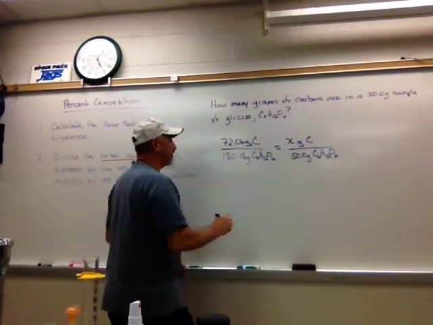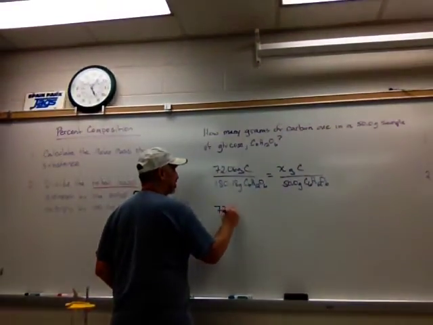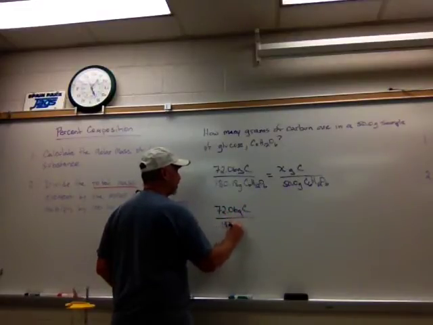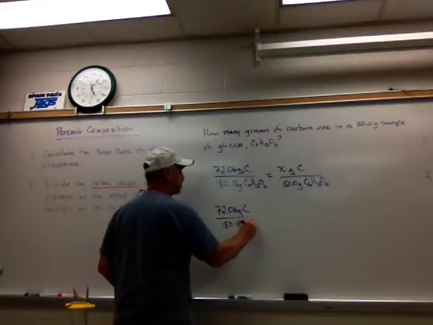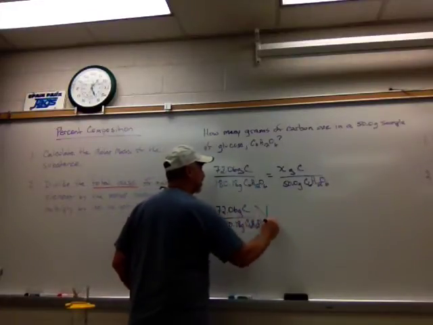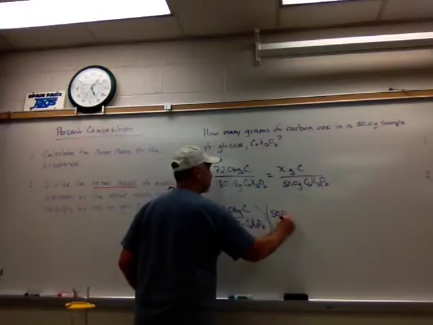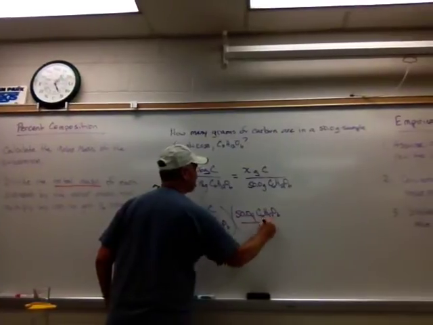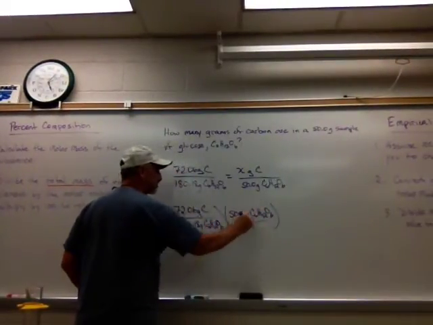Now we know to solve for X here, you're going to cross multiply. So you're going to end up getting 72.06 grams of carbon times 180.18 grams of C6H12O6 times 50 grams C6H12O6, and that's over an understood 1. So grams of this cancel.